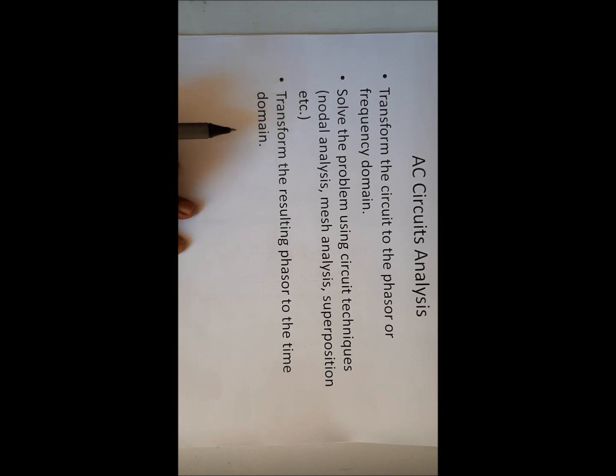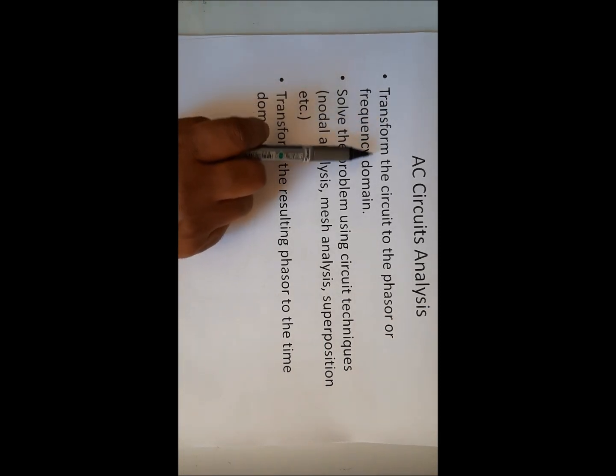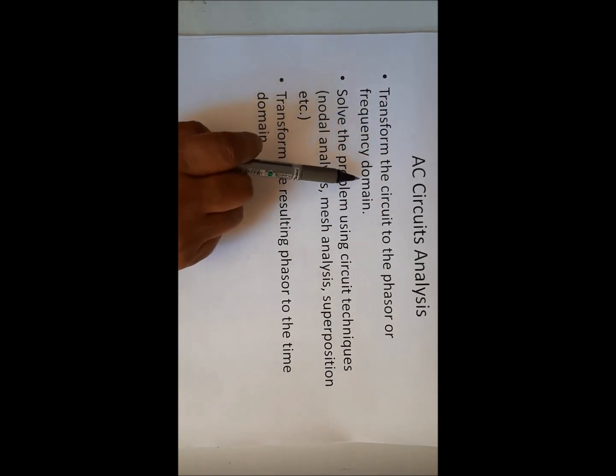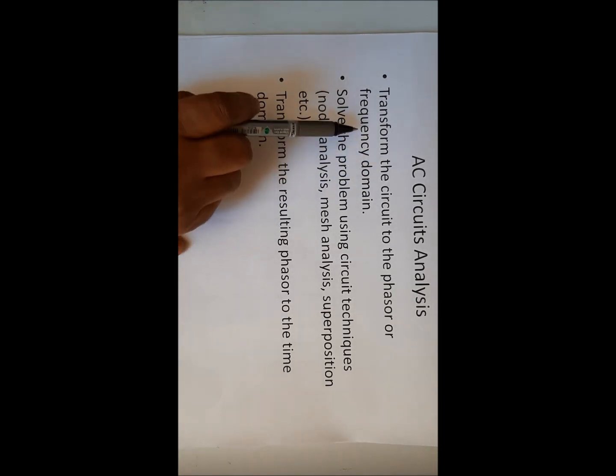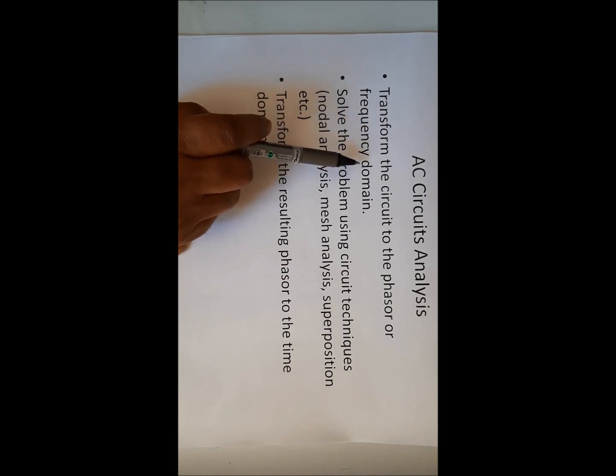Sometimes we might ask you to express your result in time domain. Then you need to convert your obtained frequency domain result to the time domain. So the first part, converting time domain to frequency domain, is not always required. Sometimes we provide the circuit parameters in frequency domain.